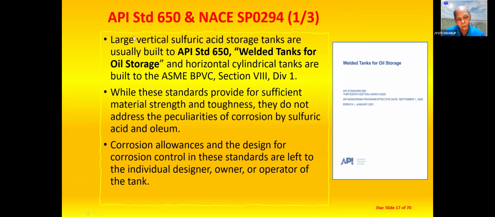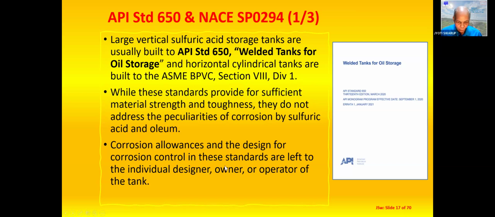Now, large vertical sulphuric acid storage tanks are usually built to API standard 650, which is for welded tanks for oil storage, and horizontal tanks are built to the ASME pressure vessel code. While these standards provide for sufficient material strength and toughness, they do not address the peculiarities of the corrosion by sulphuric acid and oleum.